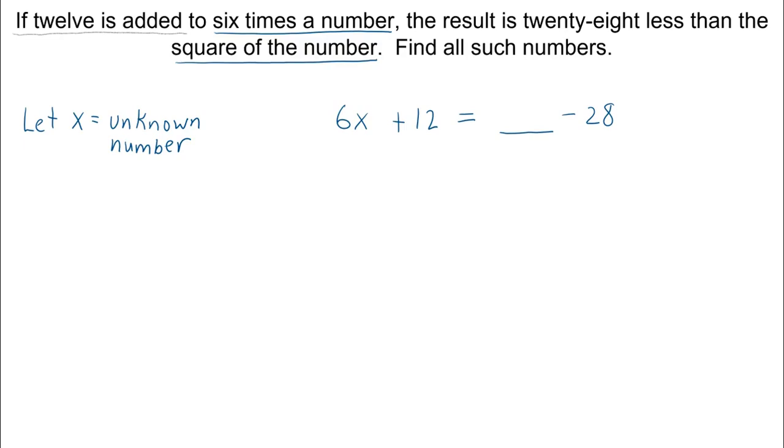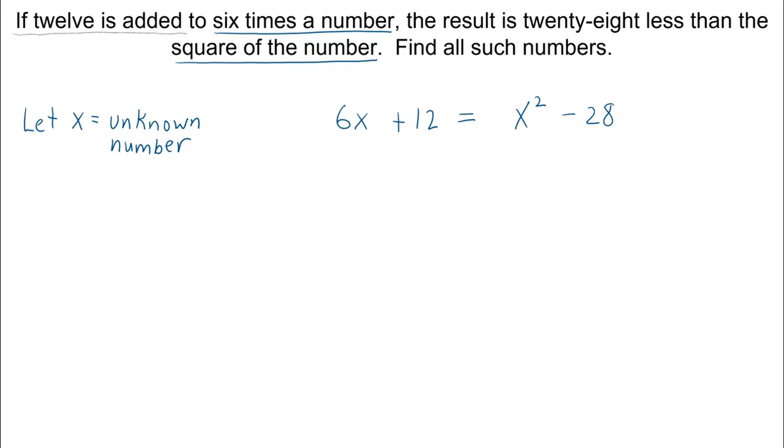Our second blank will be filled in by the square of the unknown number. Well, the square of x is x squared. So our second blank will be filled in by x squared. And that gives us our equation, 6x plus 12 equals x squared minus 28.